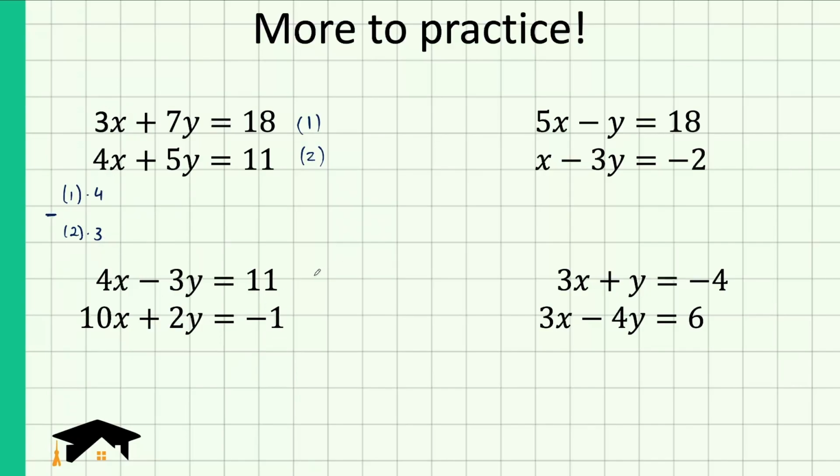In this one, equation 1 and 2, let's eliminate y because it has smaller numbers and opposite signs, so it will be easier. For that, let's multiply equation 1 by 2 and equation 2 by 3.